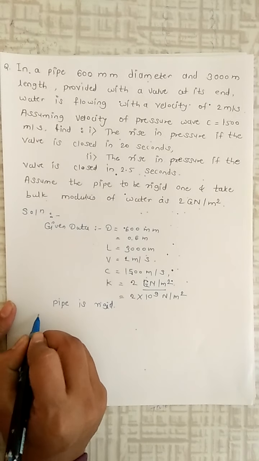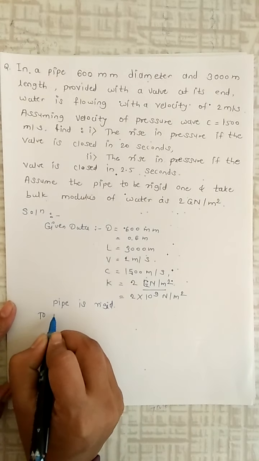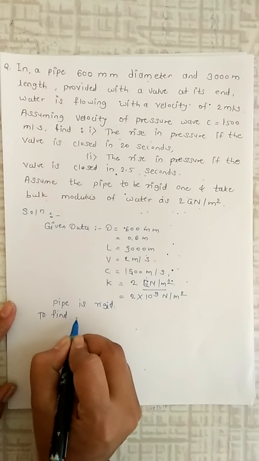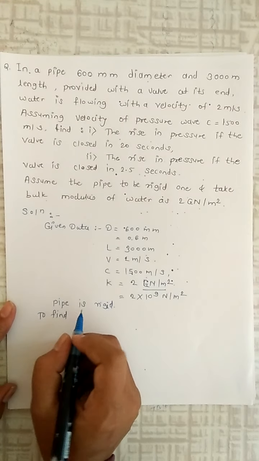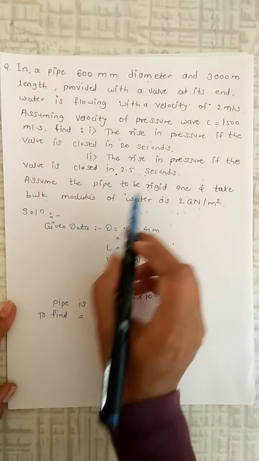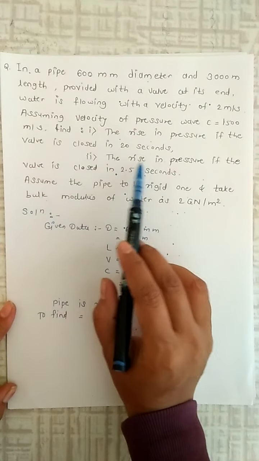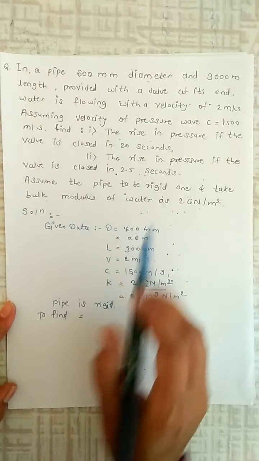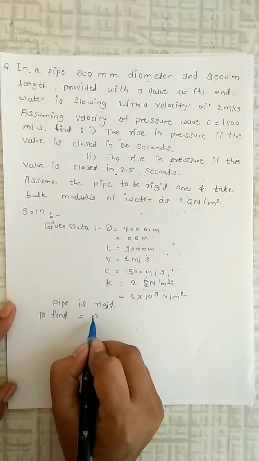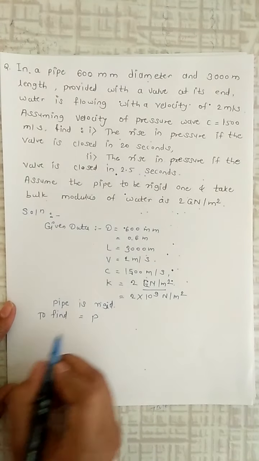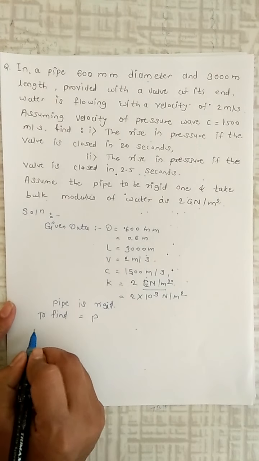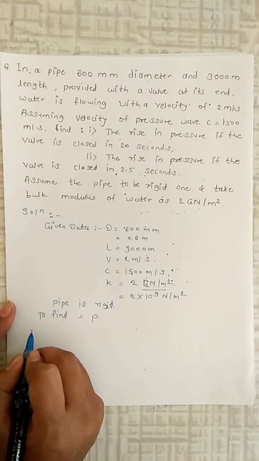Now next is to find. In the problem statement we have to find the pressure. Okay, the rise in pressure for 20 seconds and the rise in pressure for 2.5 seconds. So we have to calculate the P, which is nothing but the pressure. So we start with the solution.